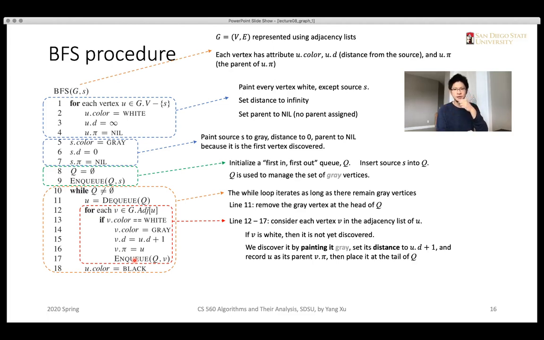That's why the distance of V is the distance of U plus 1, and U is the parent of V.